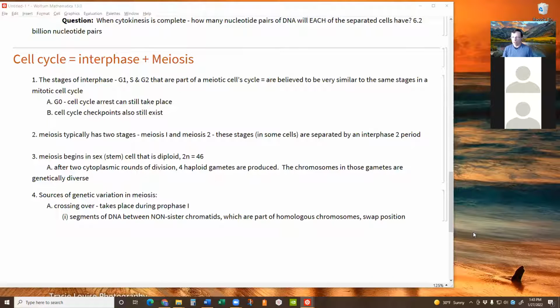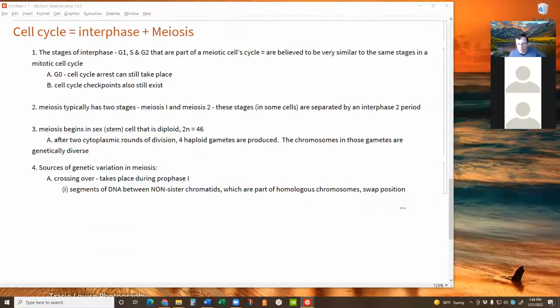So homologous chromosomes are not genetically identical, but they are genetically similar because they will contain alleles for the same genes, right? You might have an allele for brown eye color on mom's chromosome, and you might have a corresponding allele for blue eye color on dad's chromosome.